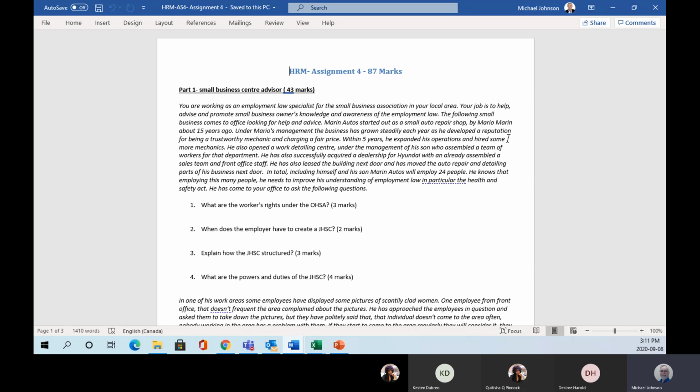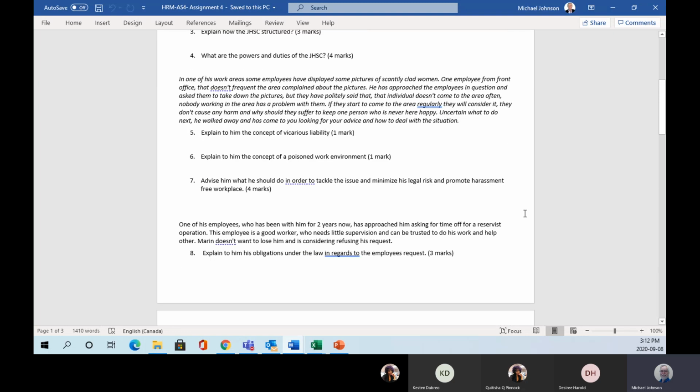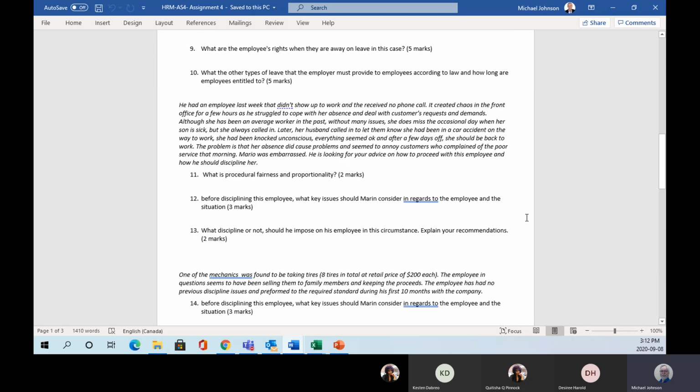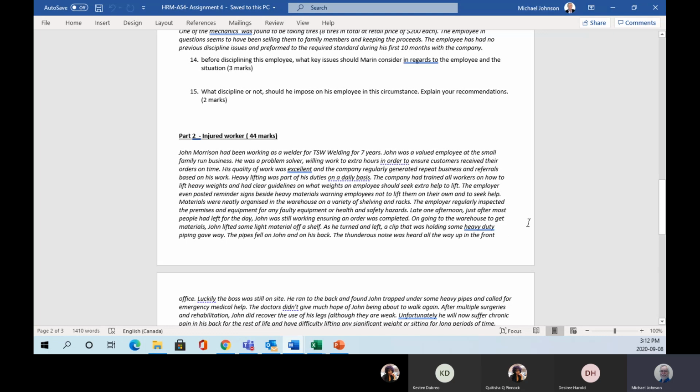So in this case here, you're going to do assignment number 4, and you're working as an employment law specialist. So you just simply need to read the story and then write your answers in here as well. Again, once you finish this assignment, send it to me or put it on Brightspace.